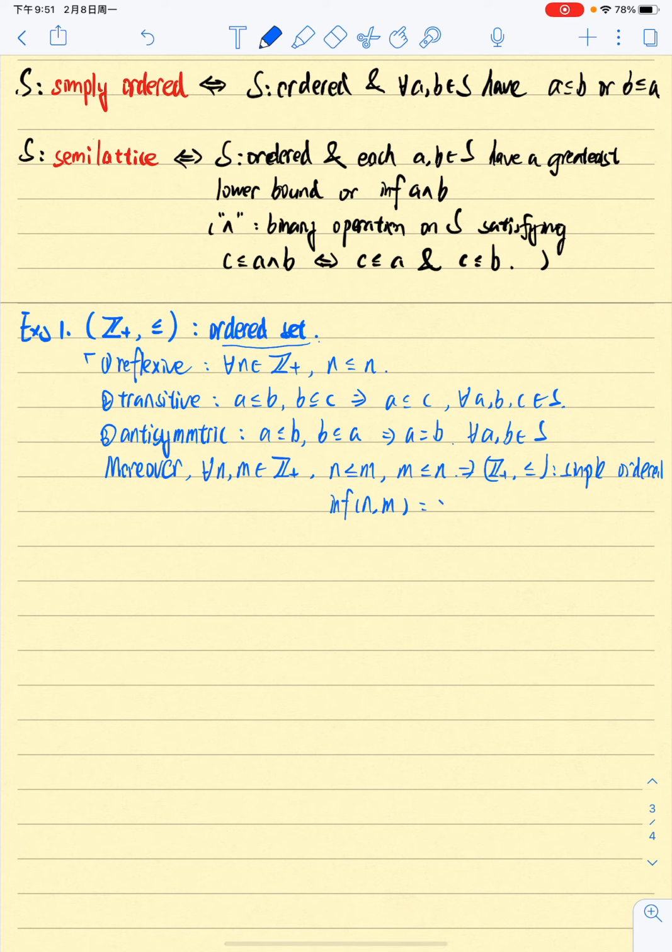Actually, we usually use the minimum of N and M. So this is a semi-lattice.